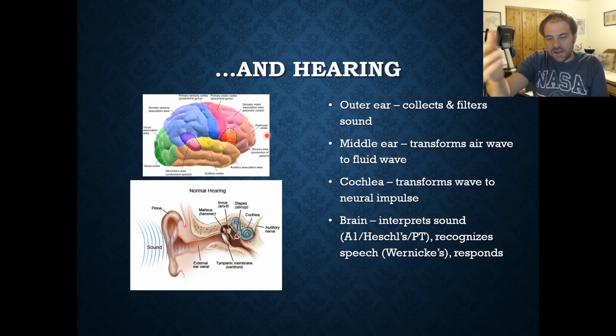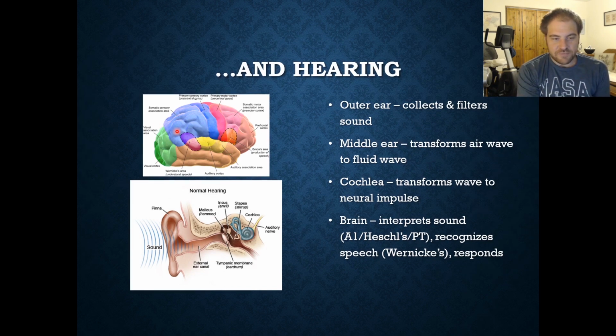And then you need the brain again. You're going to recognize speech using this area. This is Wernicke's area, and various other areas in the brain. And then that process starts all over again, because you have to think about what you've heard, and then you generate another response.